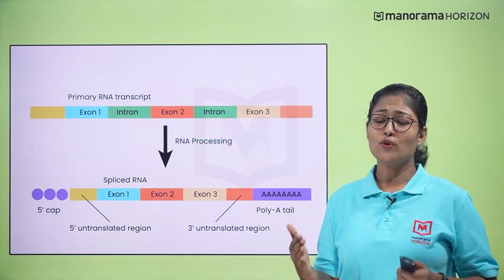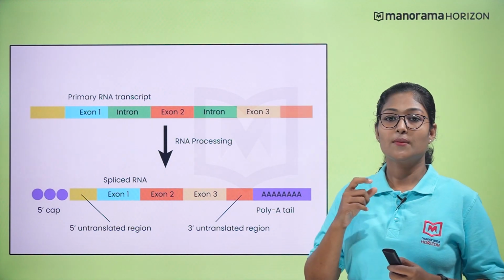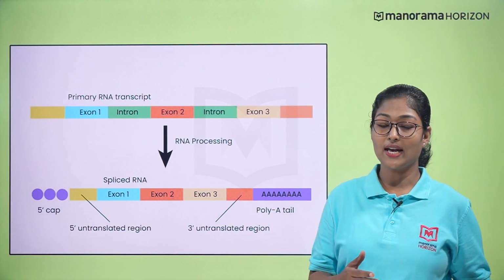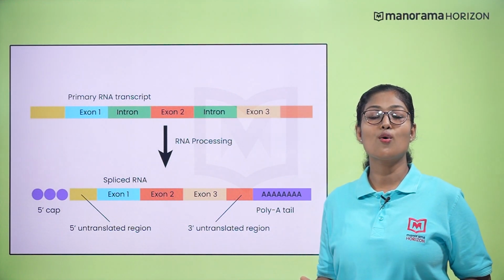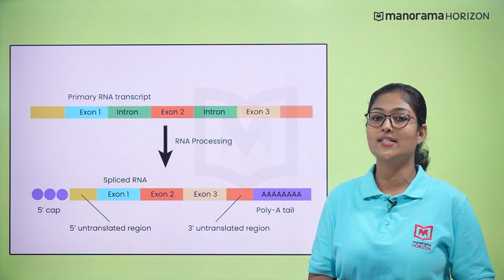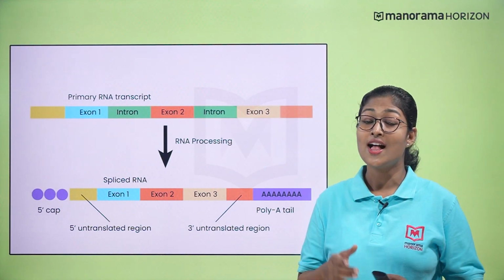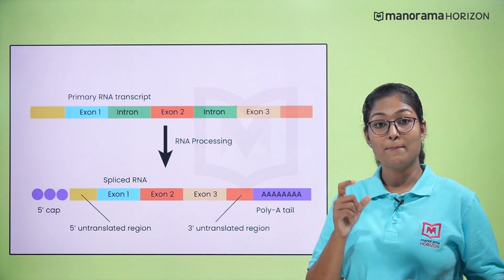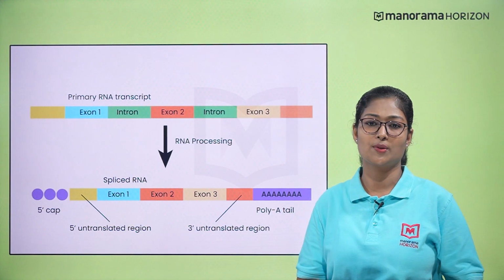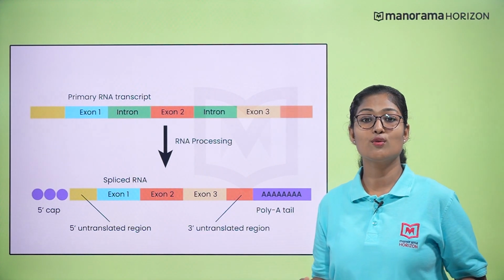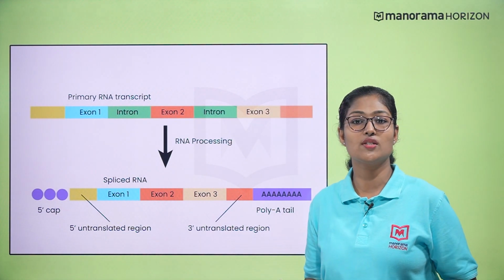There are a few additional steps to be noted. The primary transcript, that is a pre-mRNA, contains exons and introns, which are the coding and non-coding sequences, making it non-functional. Thus, the pre-mRNA must be processed to form a mature mRNA for translation. Which tool has been used to remove the non-coding regions?